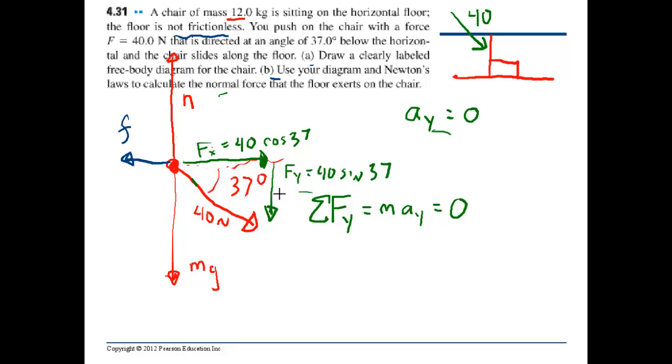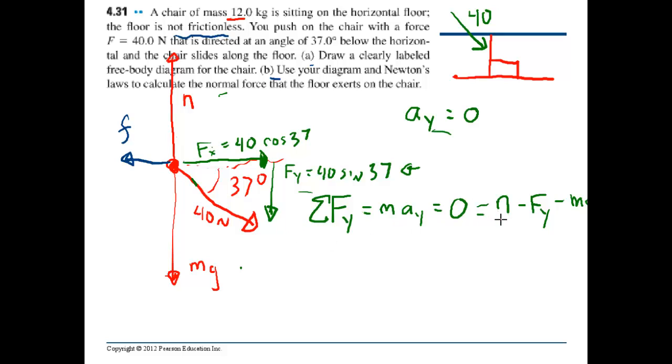And I look at all the forces in the y direction. In the positive direction I have the normal force, and in the negative direction I have the y component of the force that I'm pushing on the chair with, as well as the weight of the chair.